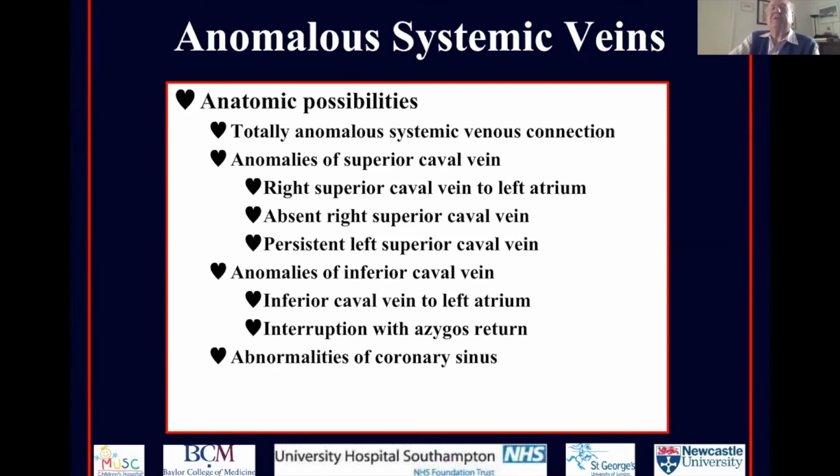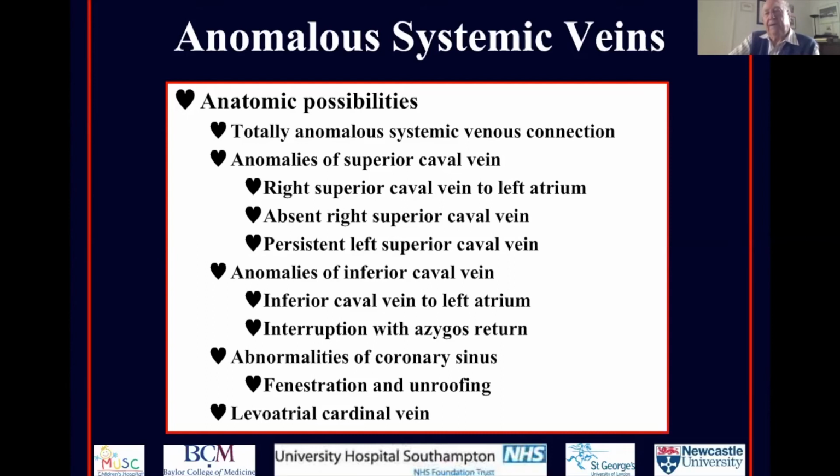And then, of course, there are the abnormalities of the coronary sinus. Its walls can be fenestrated, they can be completely unroofed, but more usually, the coronary sinus functions to drain the persistent left superior caval vein. And then we must not forget this additional channel that we call the levo-atrial cardinal vein.